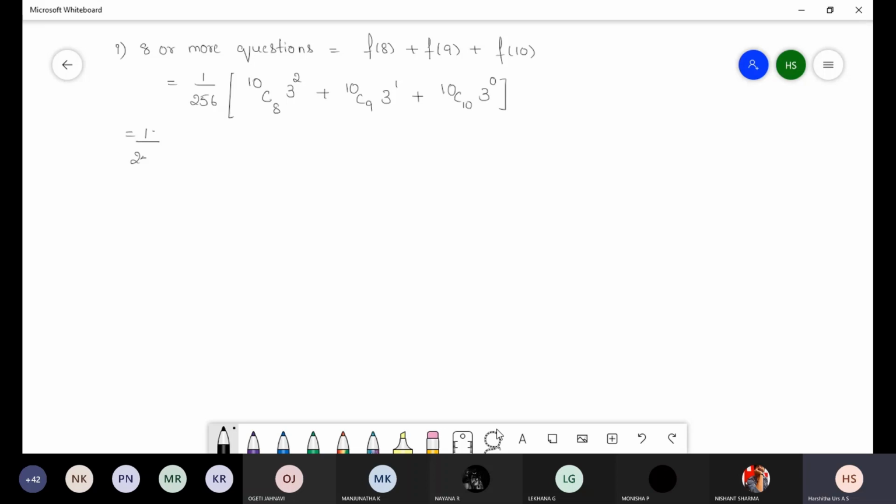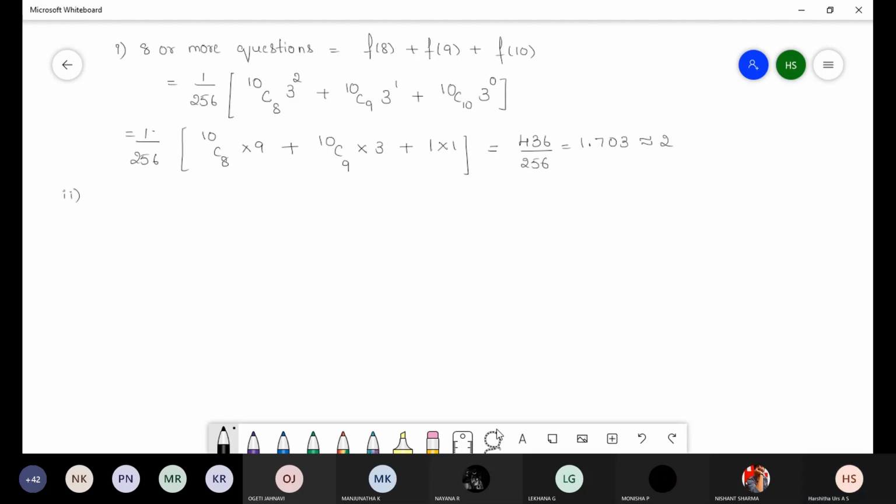That is 1 divided by 256 into 10C8 into 9 plus 10C9 into 3 plus 10C10, which is 1 into 1. So 436 divided by 256 is 1.703. As an approximation we write 2, because they have asked how many students answered 8 or more questions, so we write the approximate value.